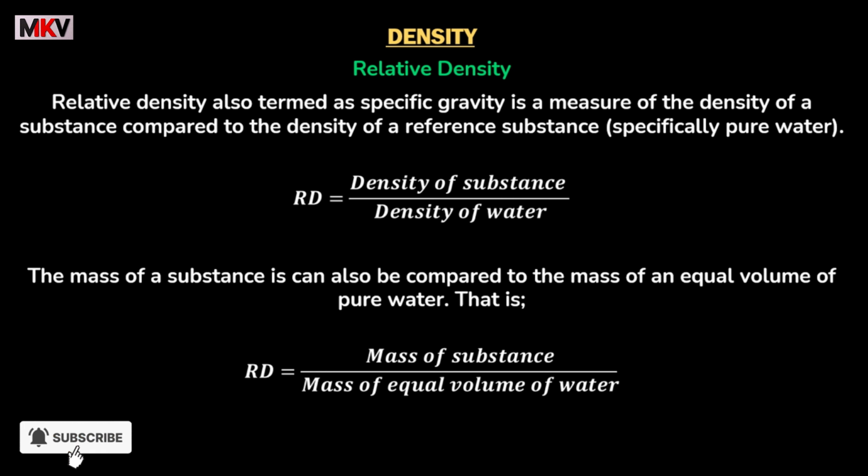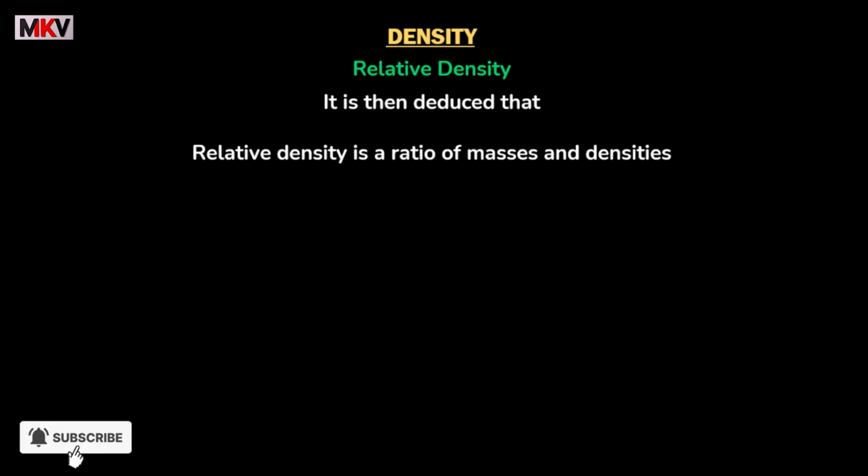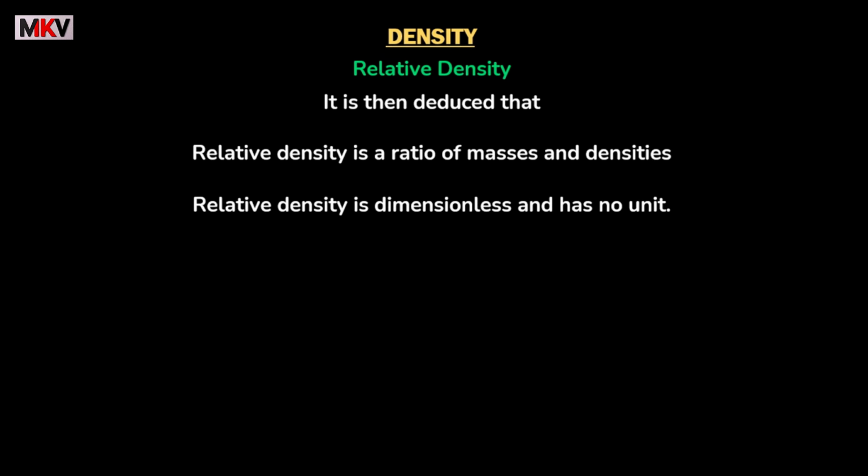So it is deduced that relative density is a ratio of masses or densities. Relative density is dimensionless and has no unit, since we are dividing the same quantities: the numerator is mass and the denominator is mass, or the numerator is density and the denominator is density.